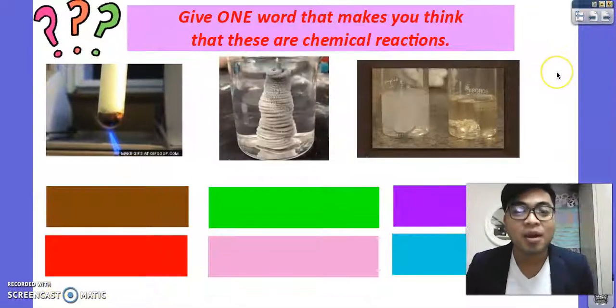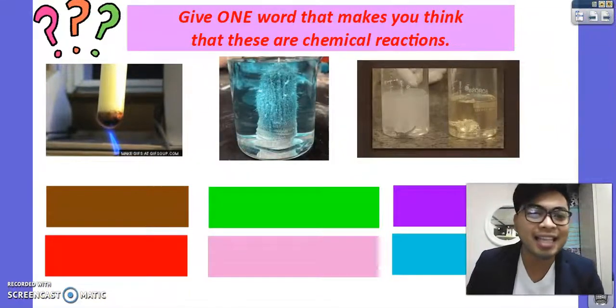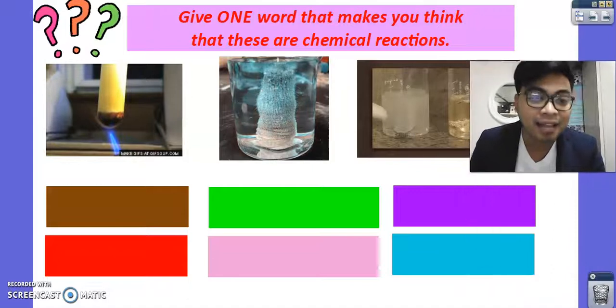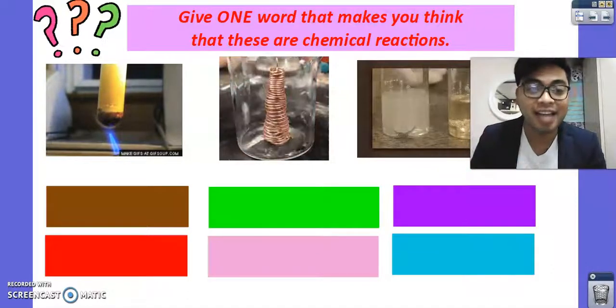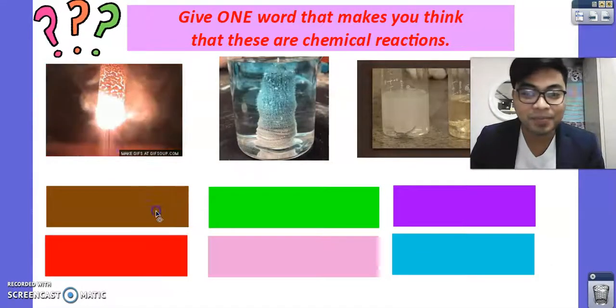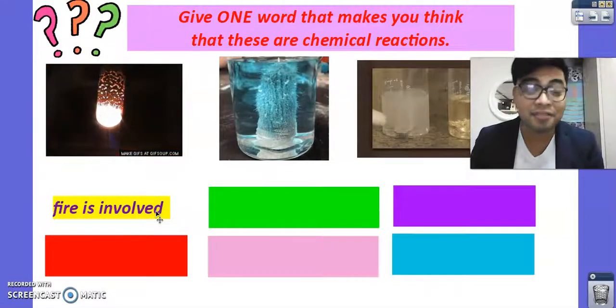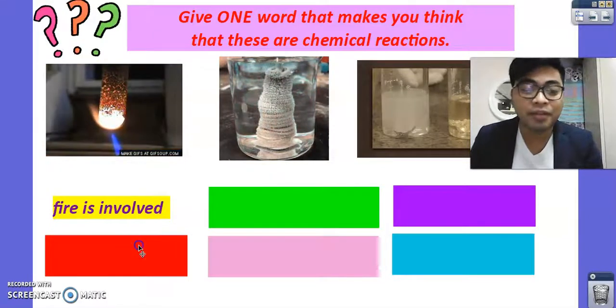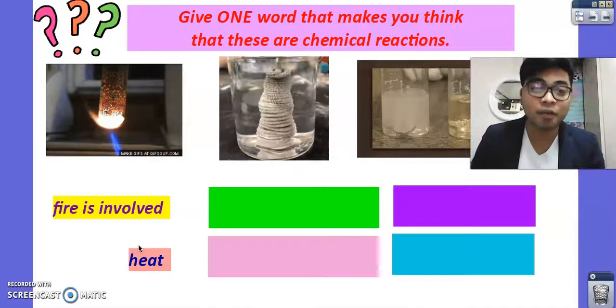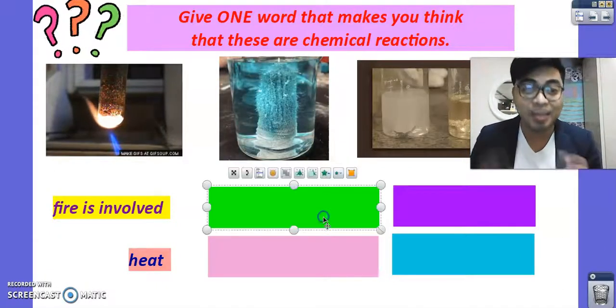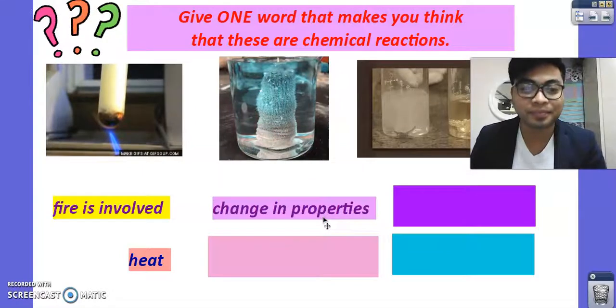So, give me one word that makes you think that these 3 pictures here are chemical reactions. Fire is involved. So if there's fire, heat is also involved. That's why it produces a new product.